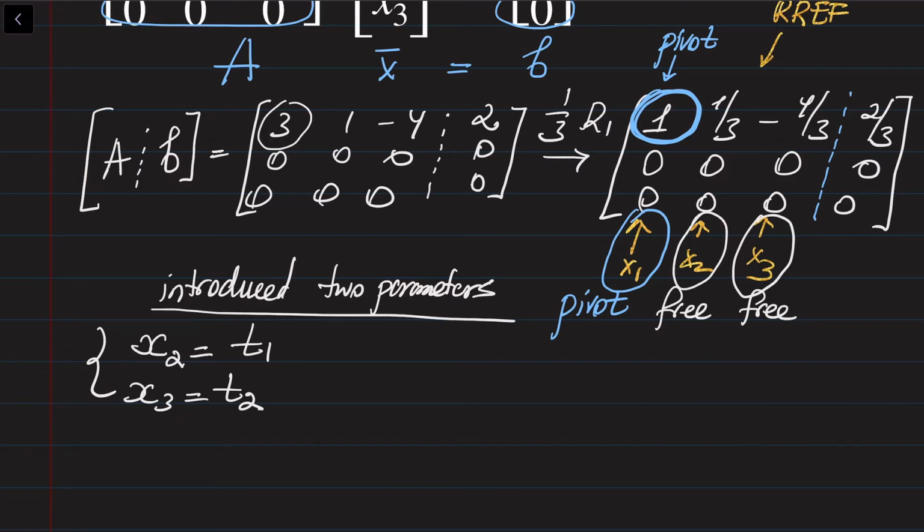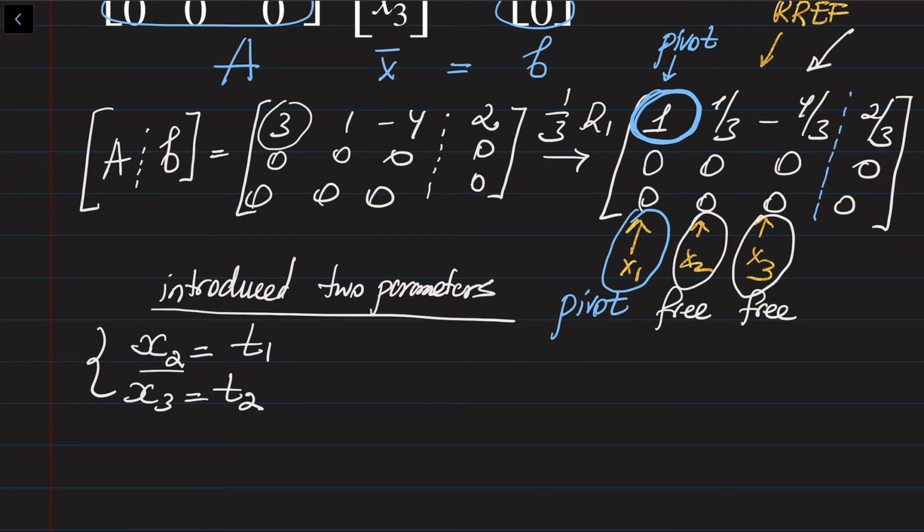In this situation, when the number of equations, which is equal to one, is less than the number of variables, then you're probably going to have infinitely many solutions. But what is important is to write down those infinitely many solutions in a compact form.